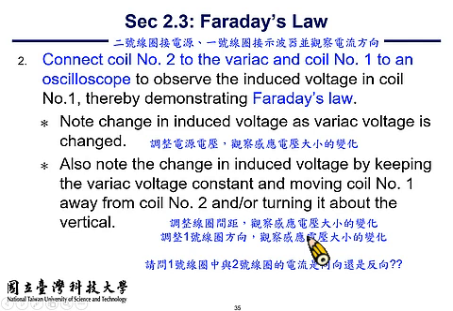So here's one case that connects to the variac. So suppose we have this current. And if you have the other loop as an open circuit, what happens to this loop? Well, nothing.